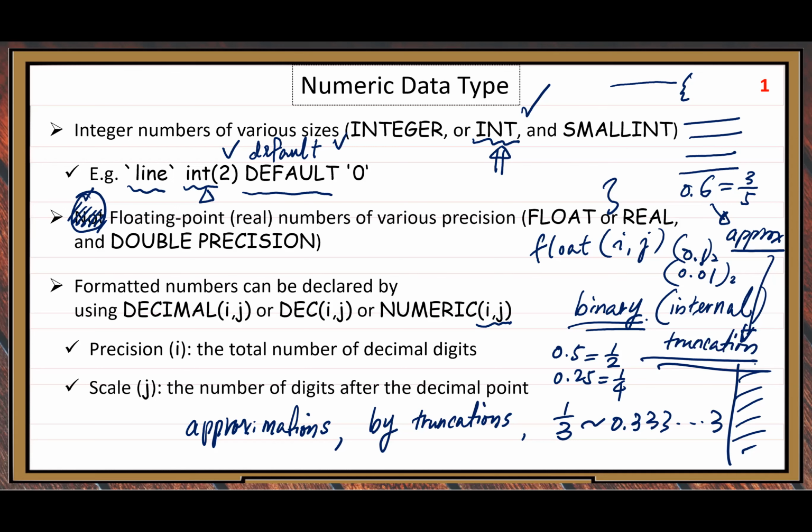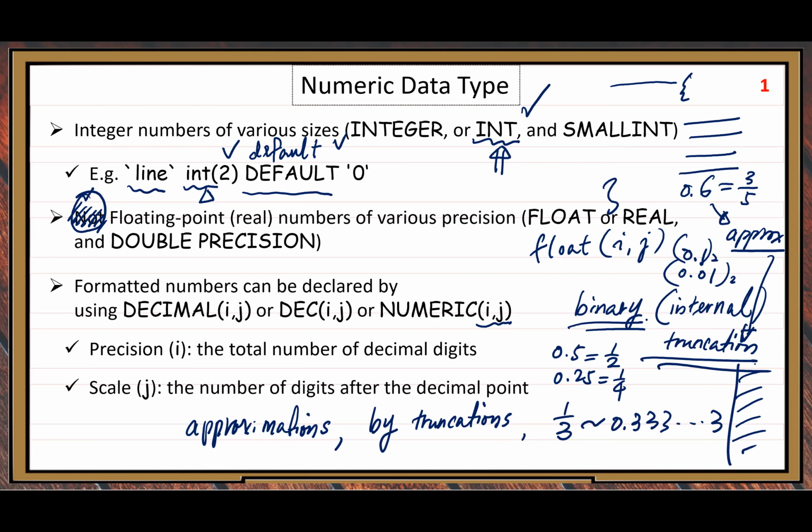Think about the banking system. You do the truncation in each amount of money, you may not take away too much, but when you process a large amount of money, the truncated parts add up. Think about it, that's quite a lot.